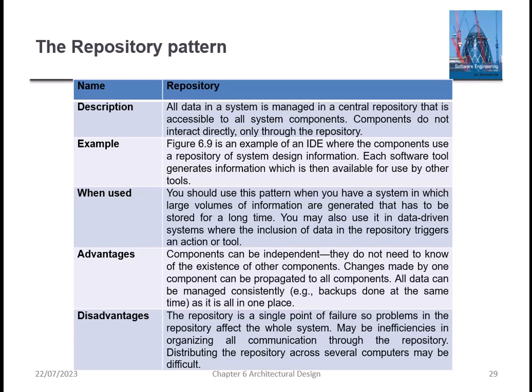There may be inefficiency in organizing all communication through the repository. There can be internet issues or other communication issues, or the number of users can increase and the load can increase, which means all the load from the other subsystems is indirectly on that same repository system.